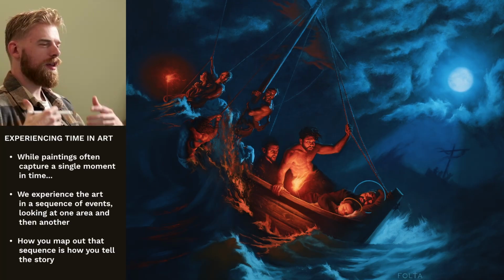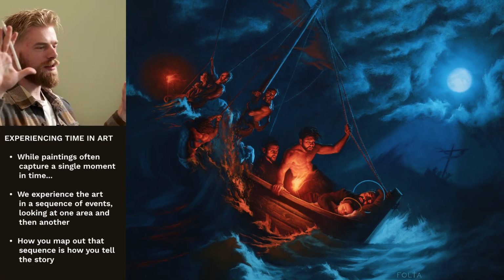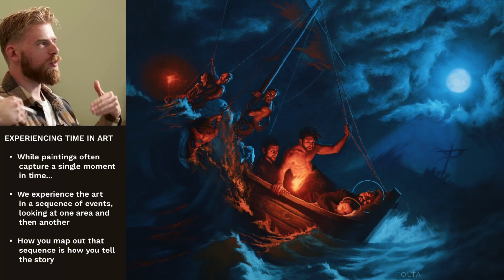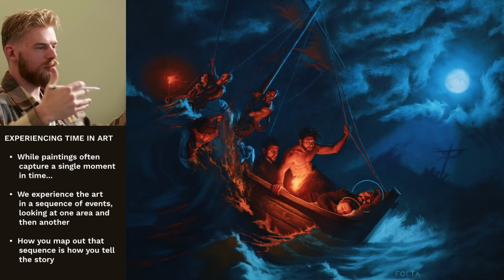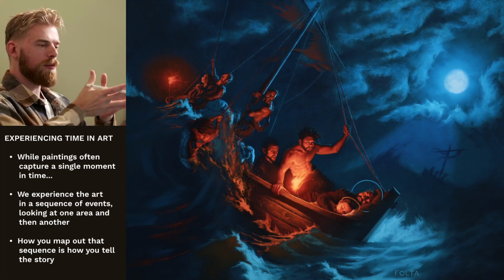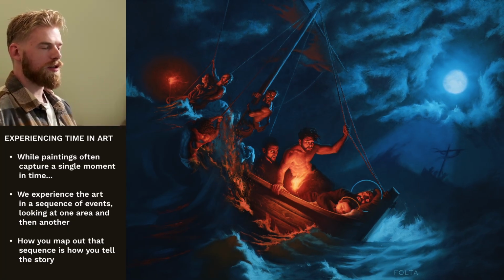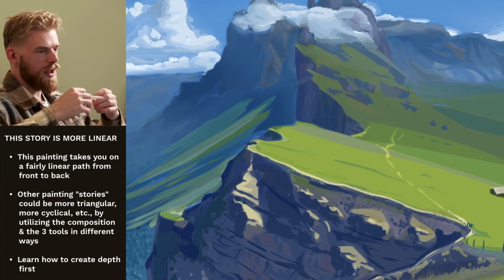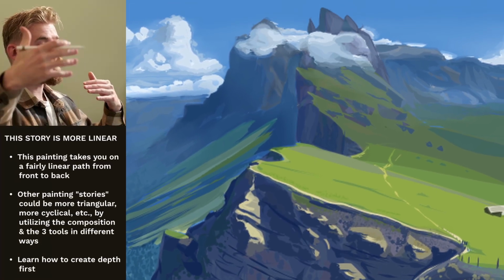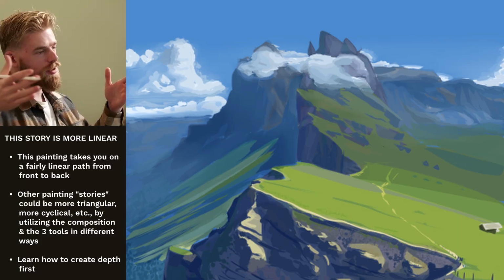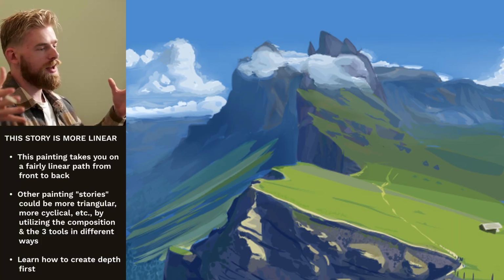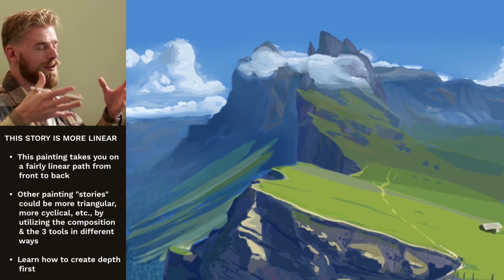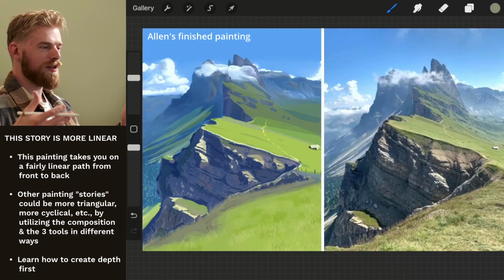And so what we think of as these timeless pieces of art, we actually bring time into the painting by determining where and when someone looks at the work, right? You see the mountain ledge, and then you see the one behind it, and then the one behind that. That is a sequence of events that you are experiencing. That sequence of events can be converted into a story where you bring time into a timeless work of art.